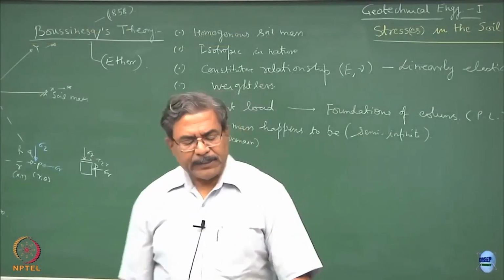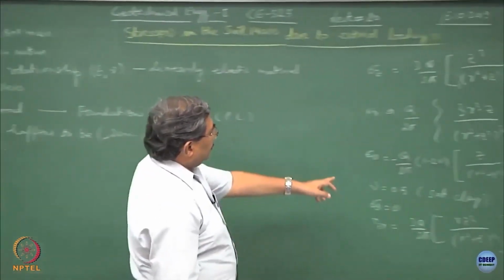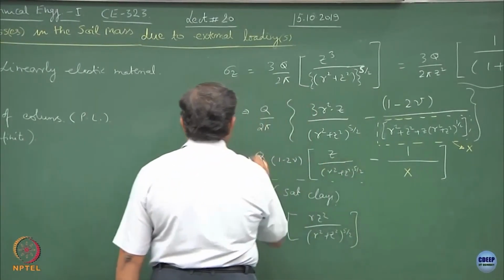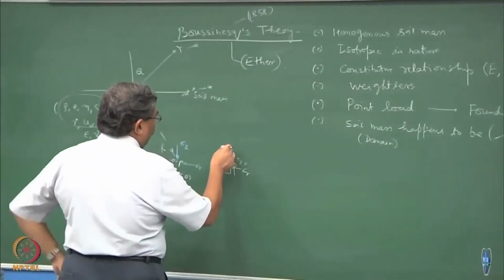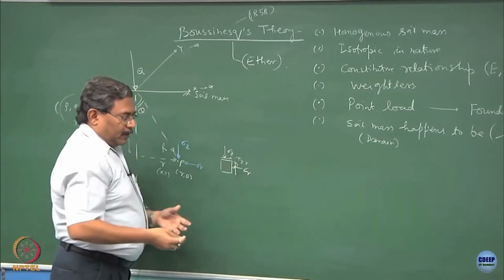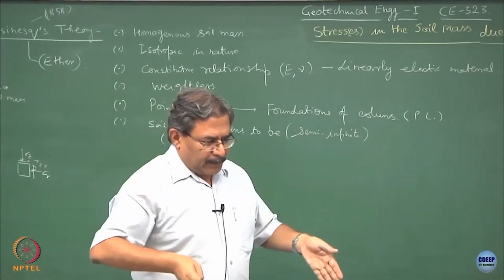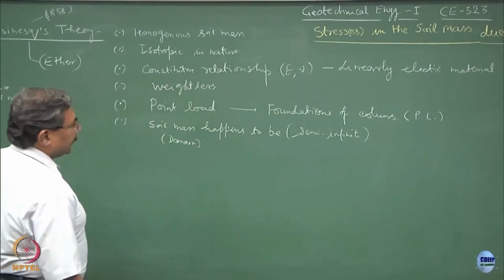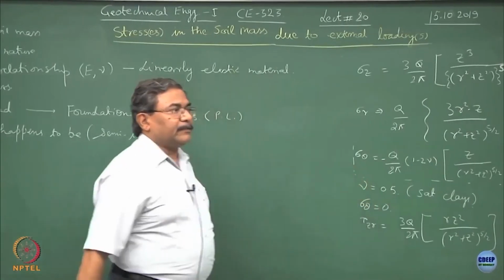If you solve this equation, the Boussinesq's equation which has been used, you will get this sigma theta as the negative term. The state of compression, and you must be realizing that all these stresses are compressive. So, if you take a plate and then compress it from both the sides, there could be a bulging. So, the bulging indicates the negative pressure. So, sigma theta is going to be tensile in nature.